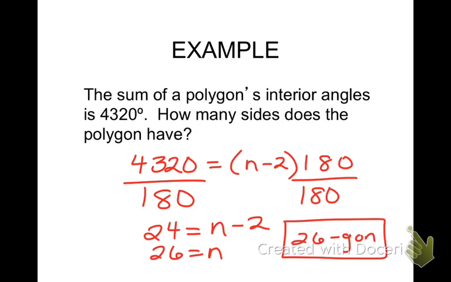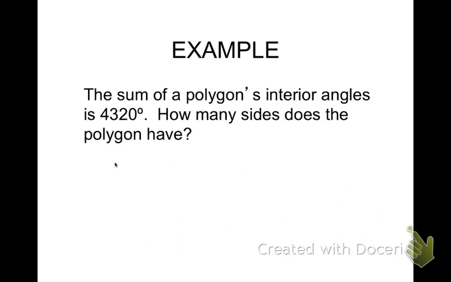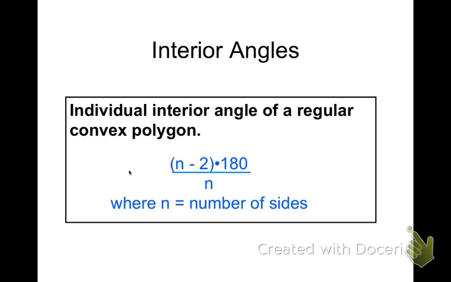So if you're asked to find an individual interior angle, all you're going to do is take that sum, which we just practiced finding, and divide by n. Take notice, this only works if you're told that your shape is regular.